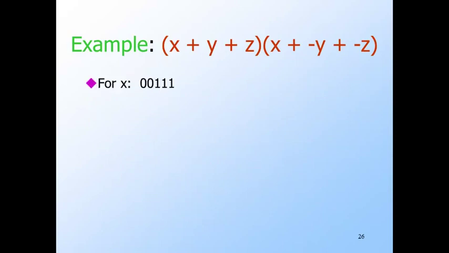Okay. First, consider the literal x. There are 3 variables, so the first 3 positions correspond to the variables. X is the first, so its position is at the left end of the first 3 positions. That's here. Thus we see a 1 there and 0 in the first 2 positions.